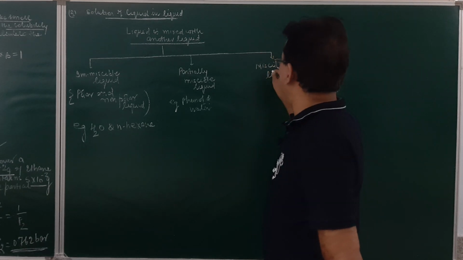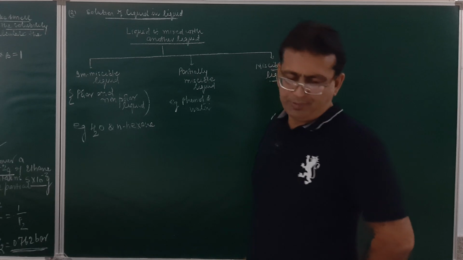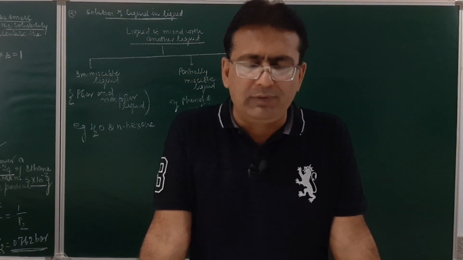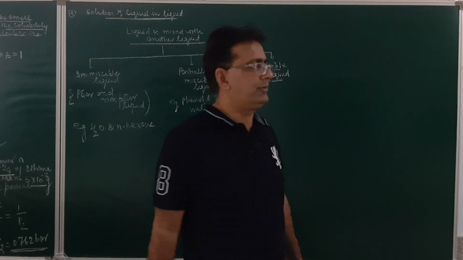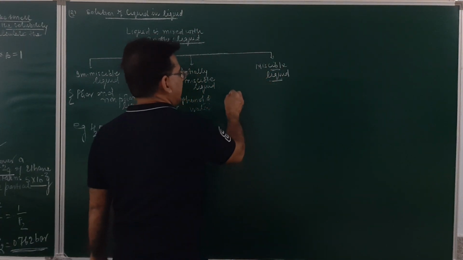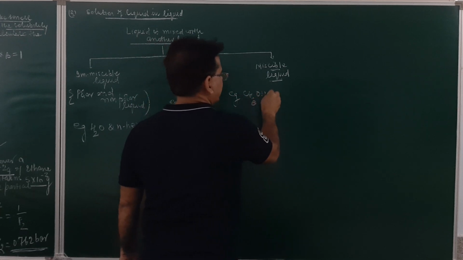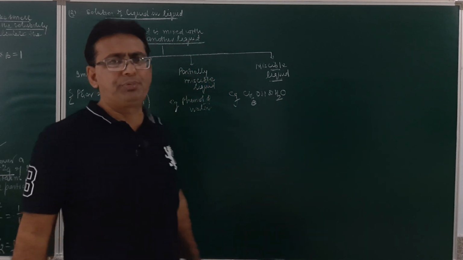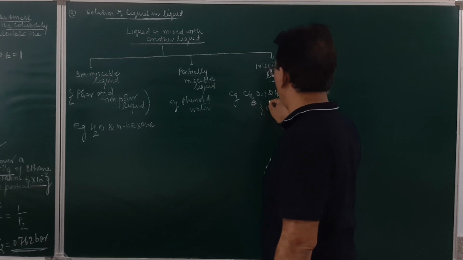Then the miscible liquid. The liquids which get completely miscible or which can get completely dissolved into each other, those liquids are called as a miscible liquid. As for example, if you take methyl alcohol and water, this methyl alcohol and water get completely miscible with each other. And what type of force will operate in this?